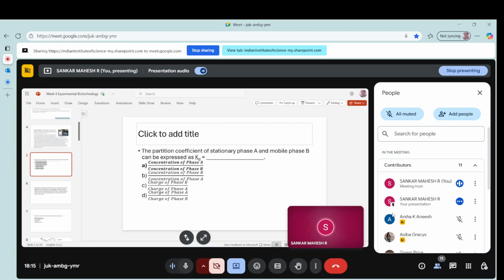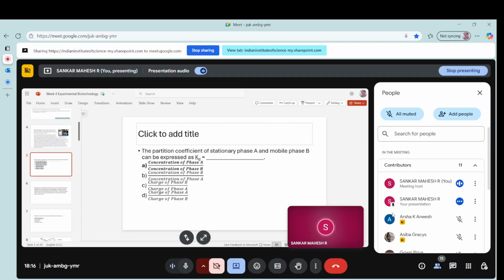Now, this partition coefficient tells you that if you have a particular combination of the stationary phase which doesn't move and the mobile phase through which your particle flows, what fraction of your molecules of the compound is interacting with the stationary phase and staying in the stationary phase, and how much of it is interacting with the mobile phase. This is what is addressed with the partition coefficient.